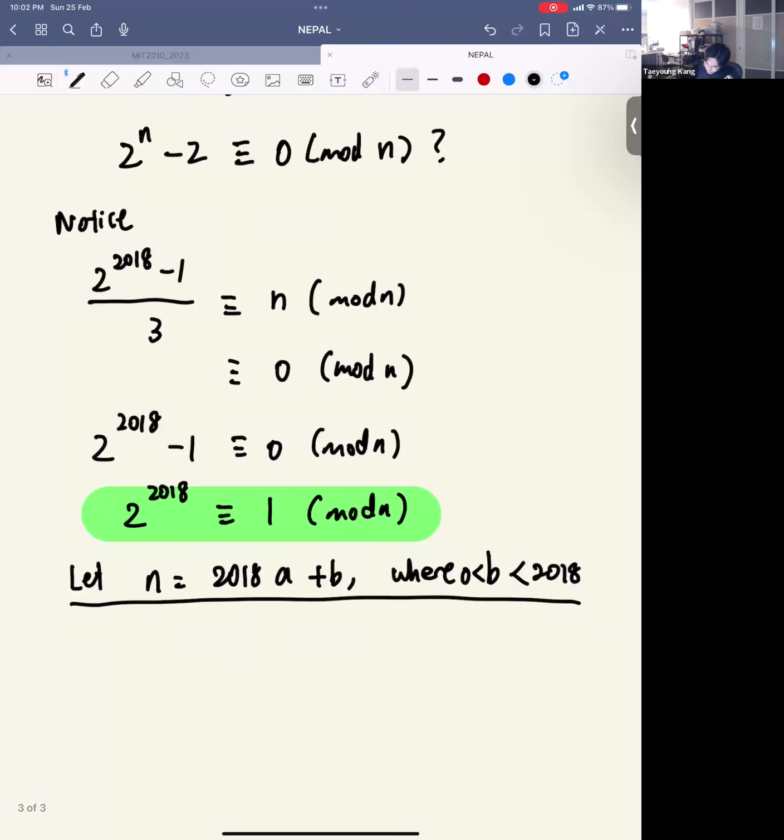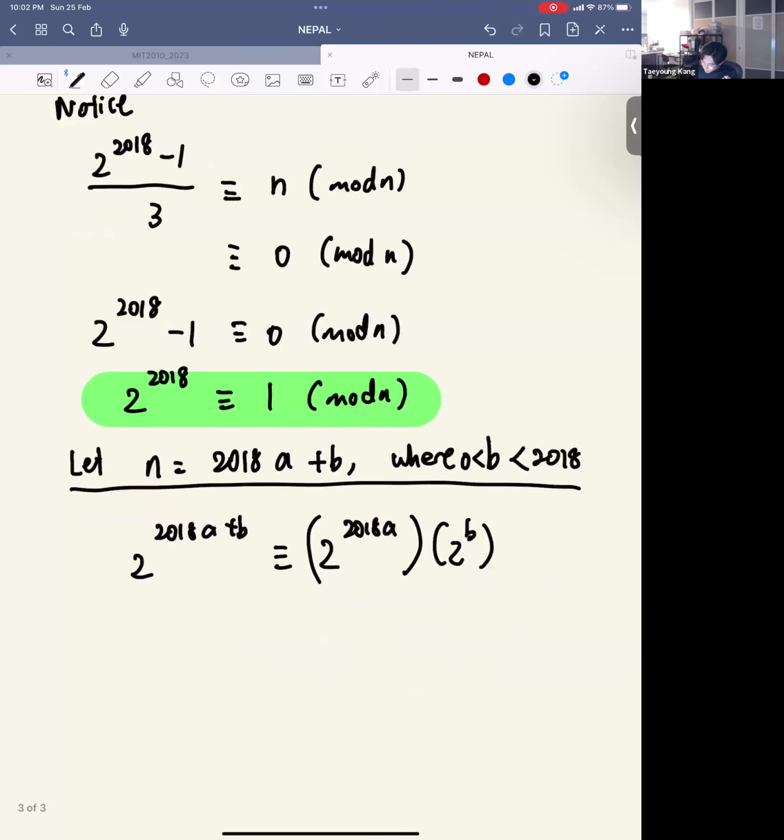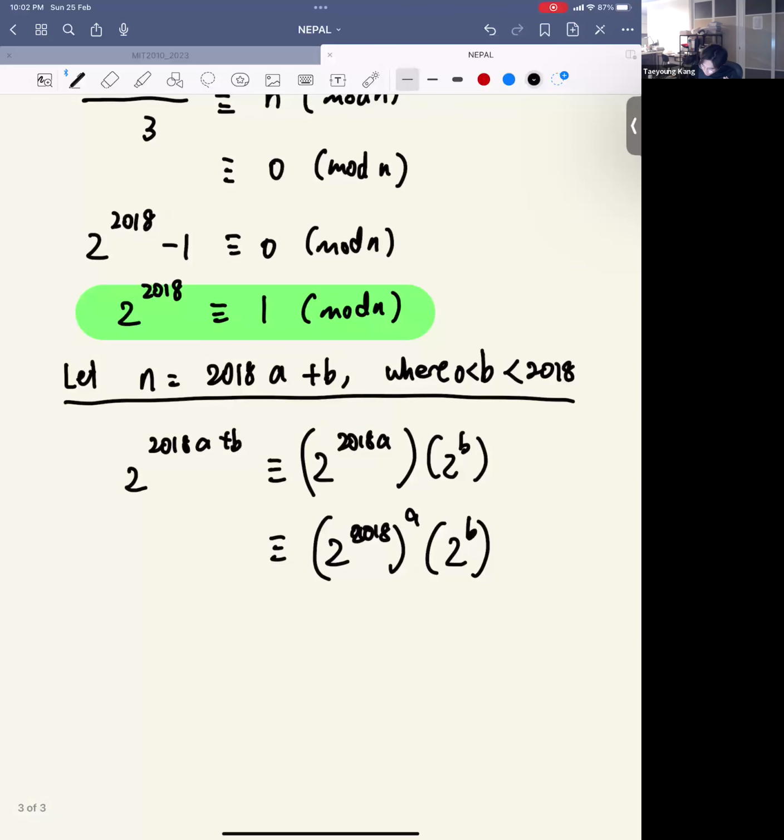So if this is true, then we have 2 to the power of (2018a plus b) is congruent to 2 to the power of 2018a multiplied by 2 to the power of b, which is congruent to (2 to the power of 2018) to the power of a multiplied by 2 to the power of b, which is congruent to 2 to the power of b mod n.